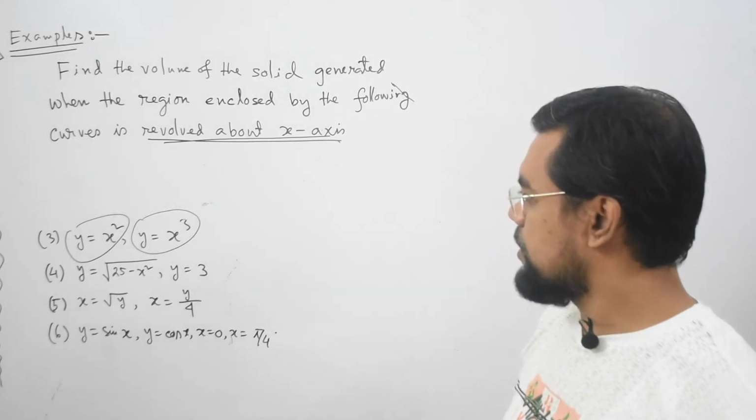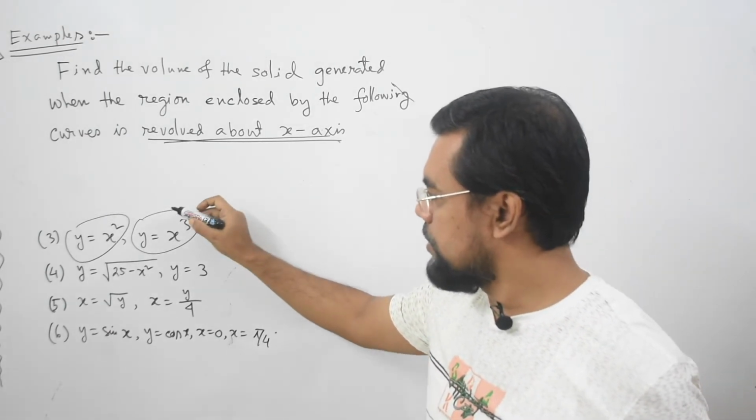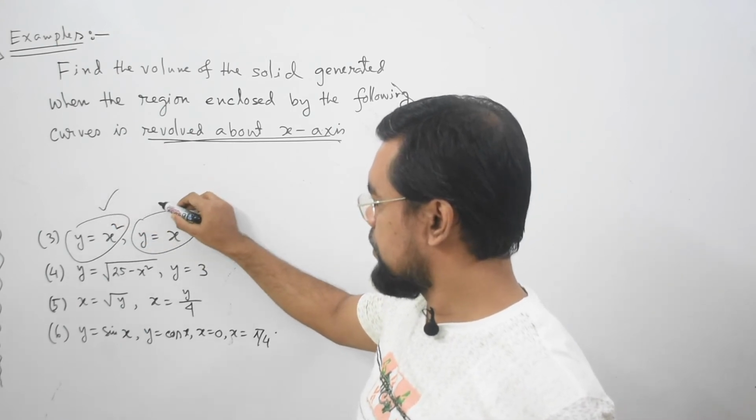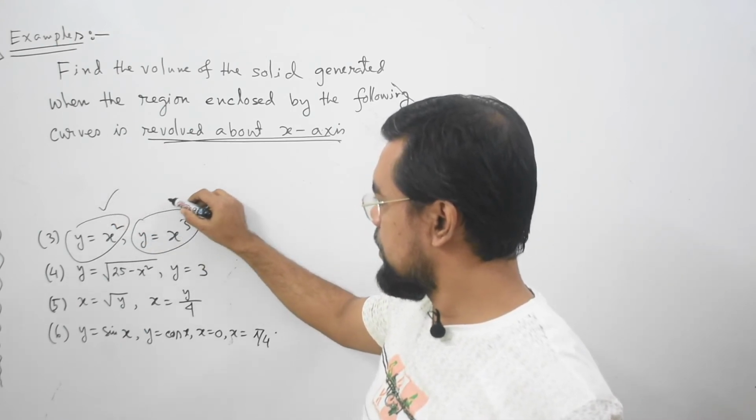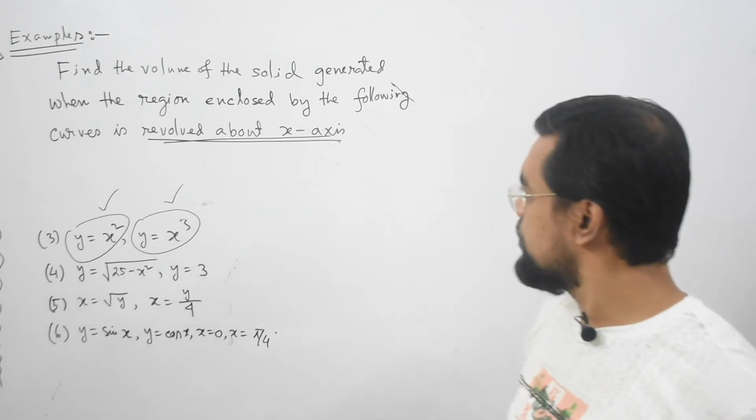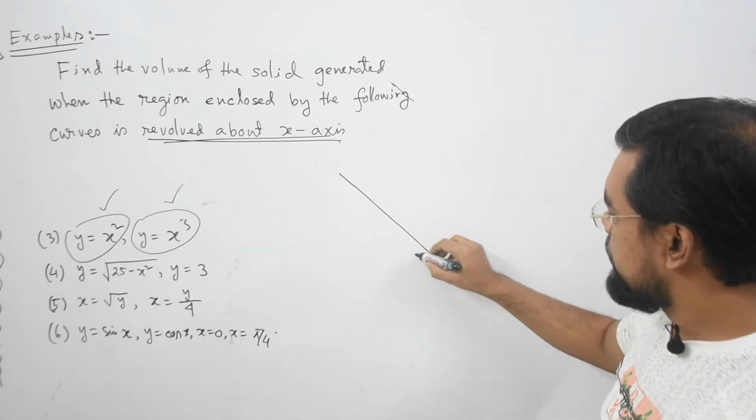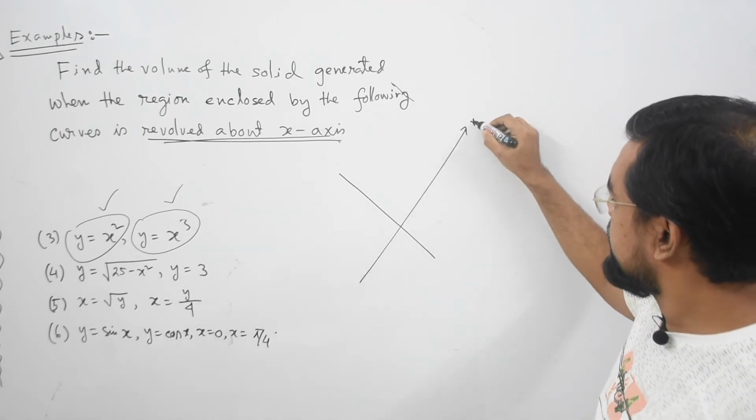So now let's try to solve example 3. Here we have two curves, y equal to x squared and y equal to x cubed. So let me first sketch the graph.